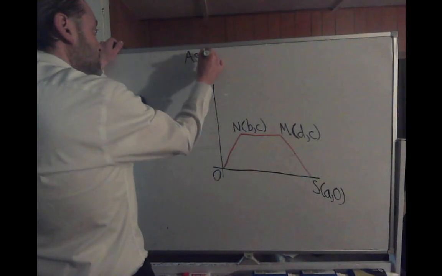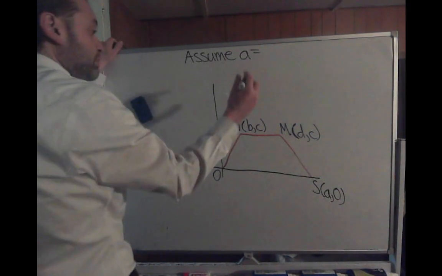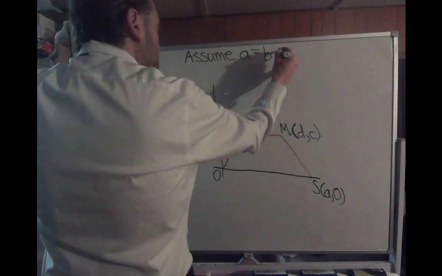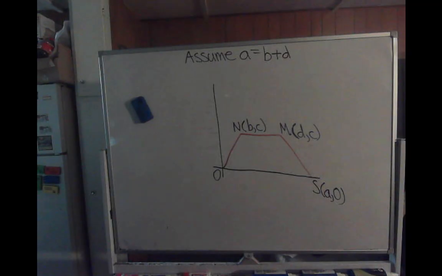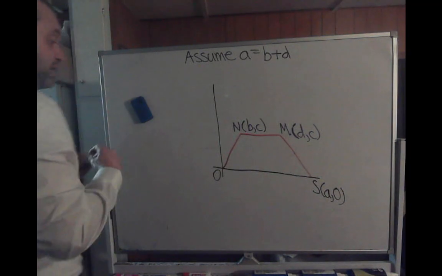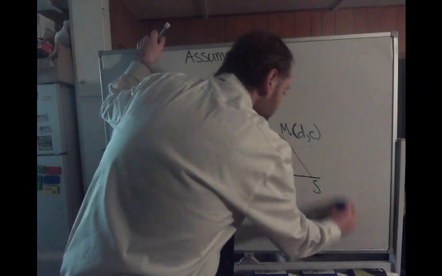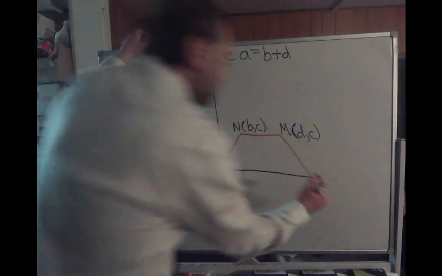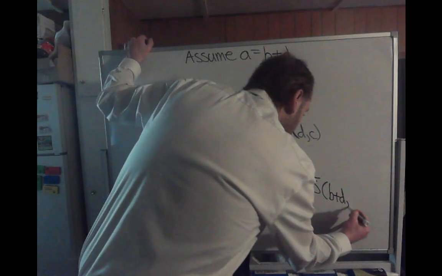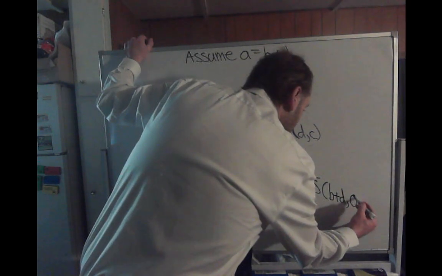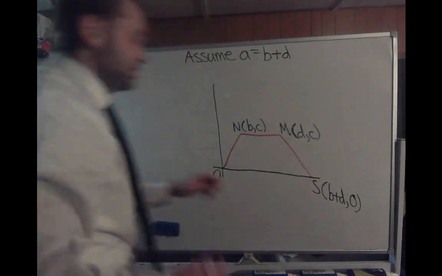Assume A equals B plus D. So we will assume that A equals B plus D. So in fact, why don't we change the coordinate of S to B plus D, 0? We've gotten rid of A. We are to assume that A equals B plus D. So there's your coordinate of S.